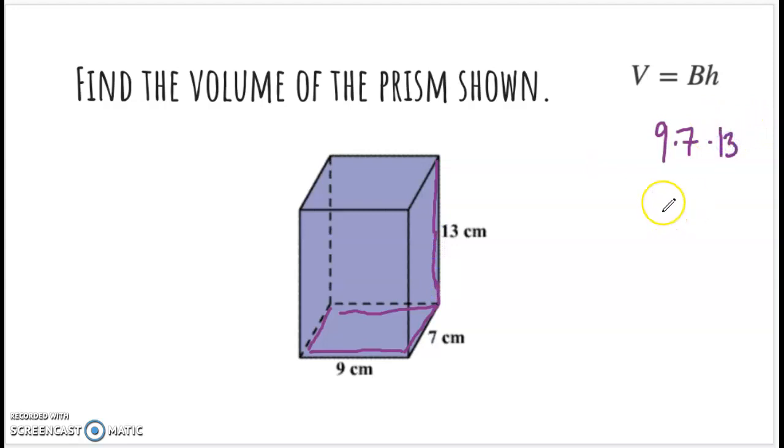So I'm going to do 9 times 7 times 13. You can just grab a calculator. We know 9 times 7 is 63, but then multiplying that by 13 sometimes is tricky to do in your head. Yes, Joey, I'm talking to you. And that equals 819. We want to make sure we don't forget the label. So 819 cubic centimeters. Okay, not too bad.